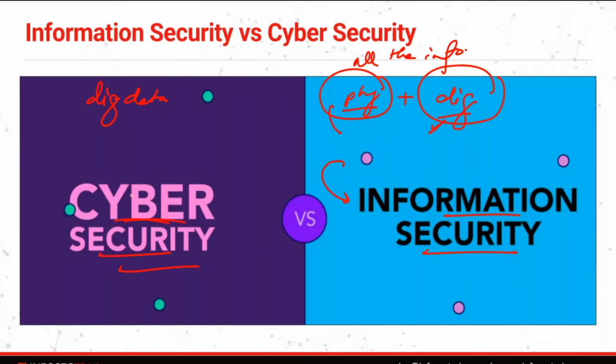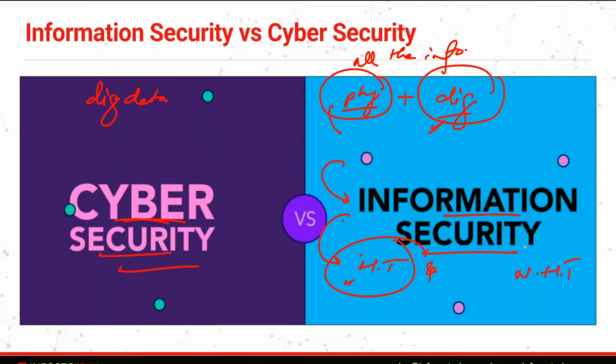Now, one more difference between information security and cyber security is that in information security, we are protecting from human threats and non-human threats. Human threats are your cyber attackers, hacktivists, cyber criminals, and nation state actors.